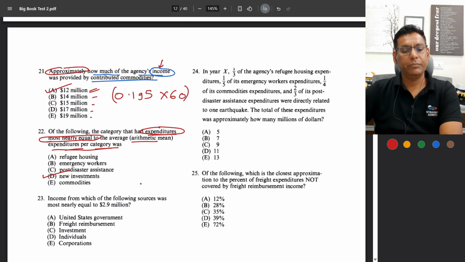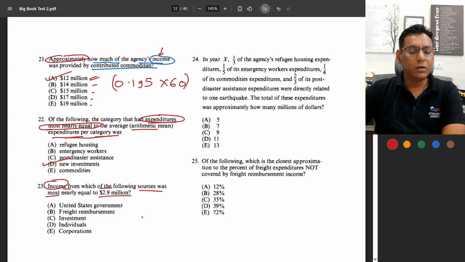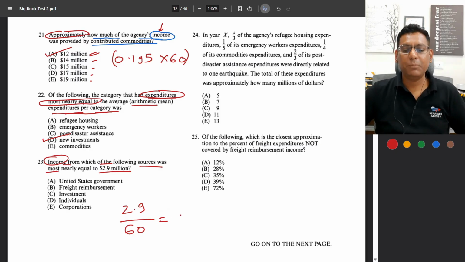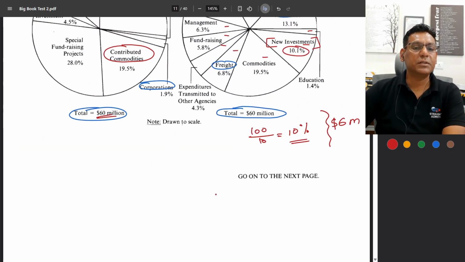New investments is closer to the average. D. Okay. Income from which of the following sources, now I'm looking at income, that is the first graph, was most nearly equal to 2.9 million? What would be the total income? Total income was 60. Out of that, I'm talking about 2.9. I'll get a percent. Again, I don't have to do much calculation. Approximately, I assume this to be 3, which is very close. 3 by 60, that's going to be 5%, a little less than 5%. So what income source is a little less than 5%?